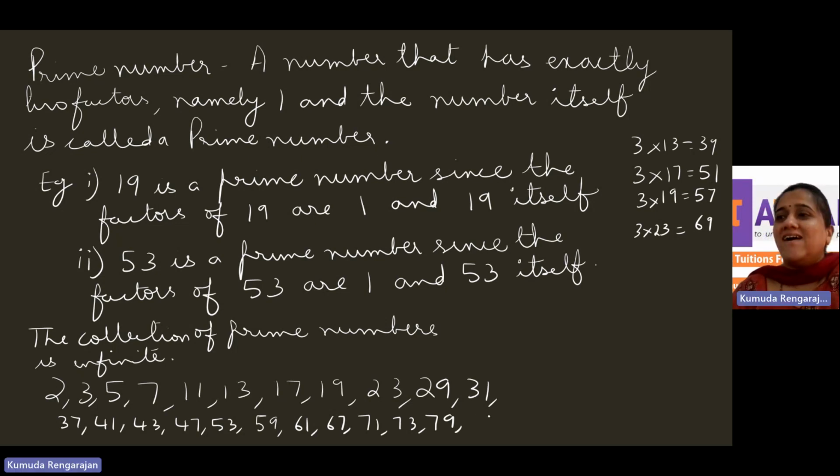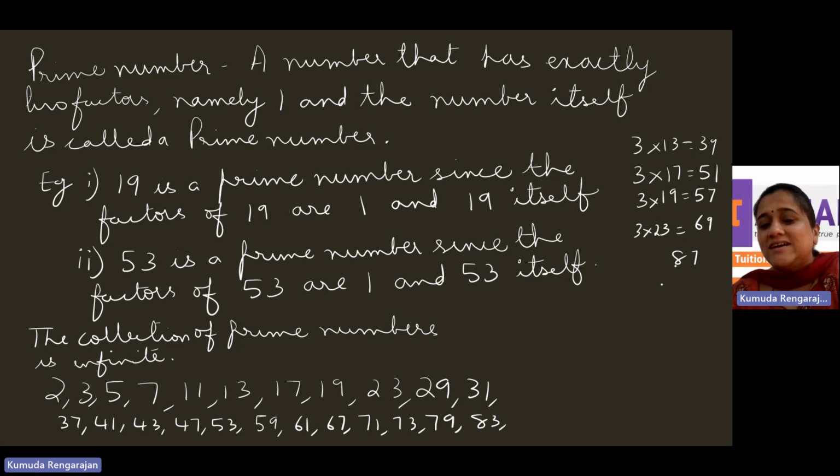79, 80, 81. 9 9s are 81. Okay, 3 also, very good. 82, 83, 84, 85, 86, 87.